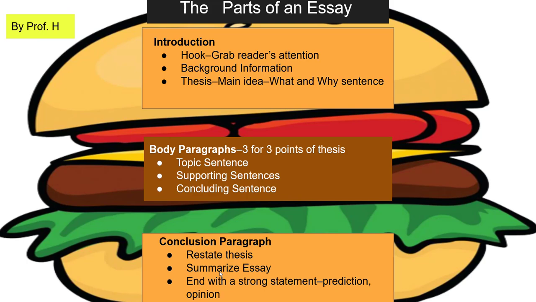A call to action conclusion paragraph is used mainly in business letters, whenever you want to sell something to someone. It's used in argumentative and persuasive papers when you want your reader to get off the couch and do something about the topic.